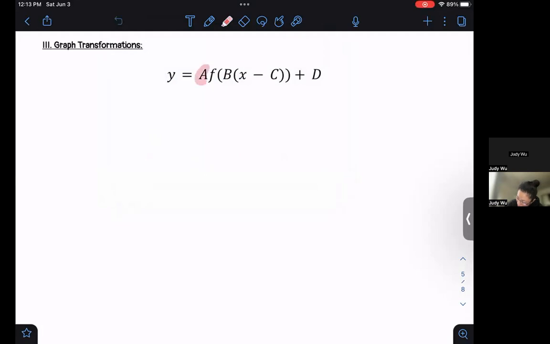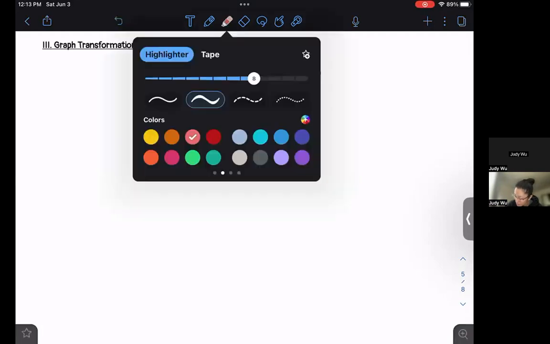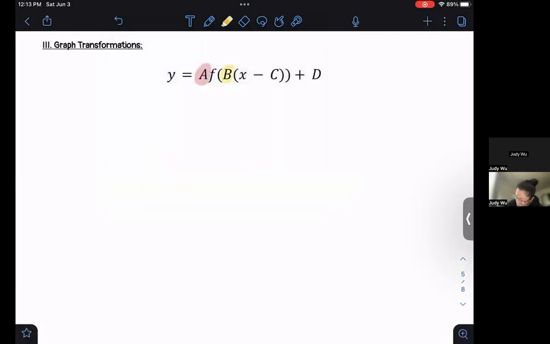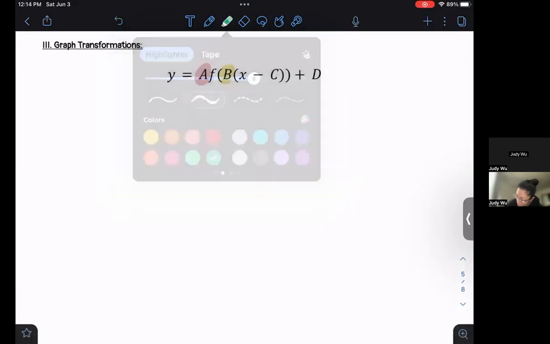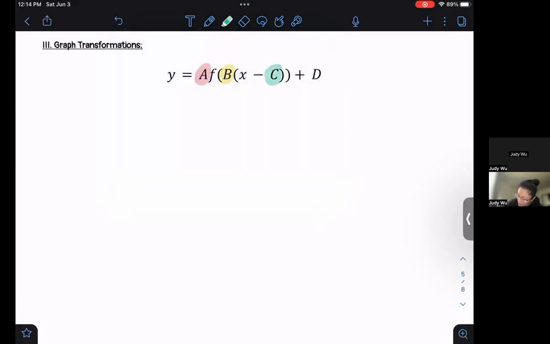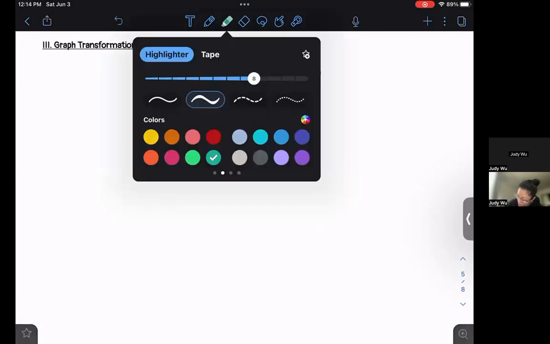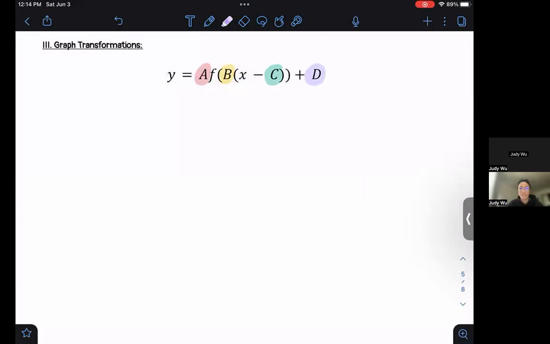And so we have this A that we saw in the Desmos activity, and then we also have this B here, and we have this C, and last but not least, we have D. These four numbers, when we put numbers in the A spot or the B spot or the C spot or the D spot, they do different things to our graph.